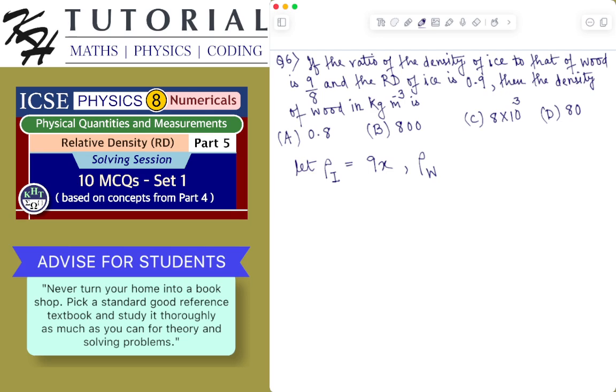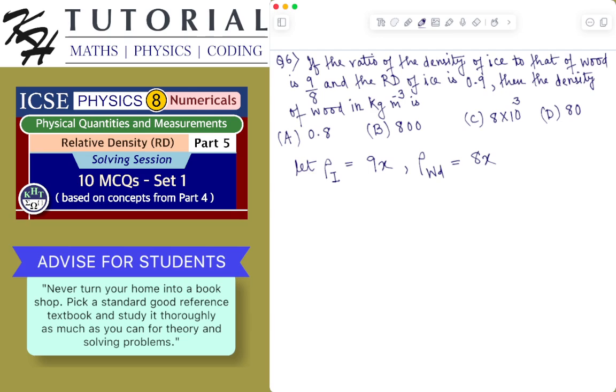In general, rho W is used for the density of water, but in this problem, let's use it for wood. So the density of wood is 8x. Since the ratio of the density of ice and the density of wood is given as 9:8, I am assuming that the density of ice is 9x.